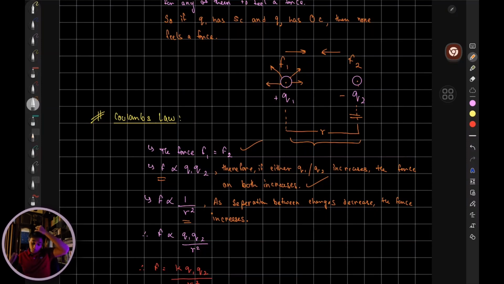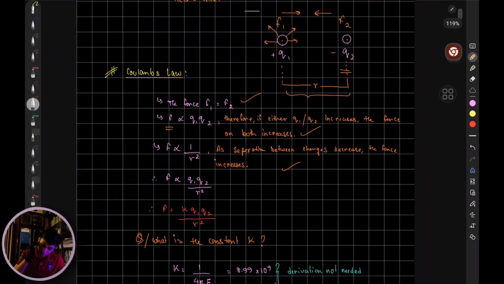So notice that force is inversely proportional to the square of the separation. If you increase the separation, the force is going to decrease. So that's the third part.